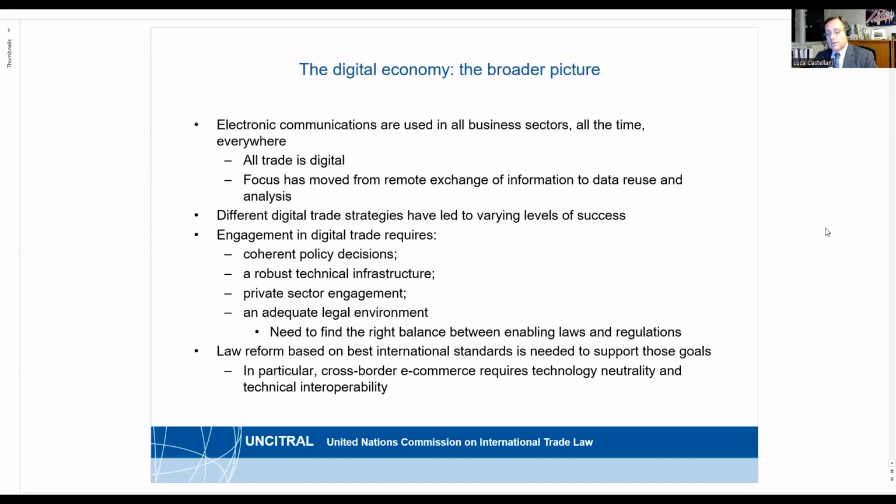In particular, when we want to focus on these international exchanges, we have to pay attention to the principle of technology neutrality that we will see soon, and its interaction with technical interoperability, which is the ability to actually exchange information between different applications, different software, different websites, for instance.